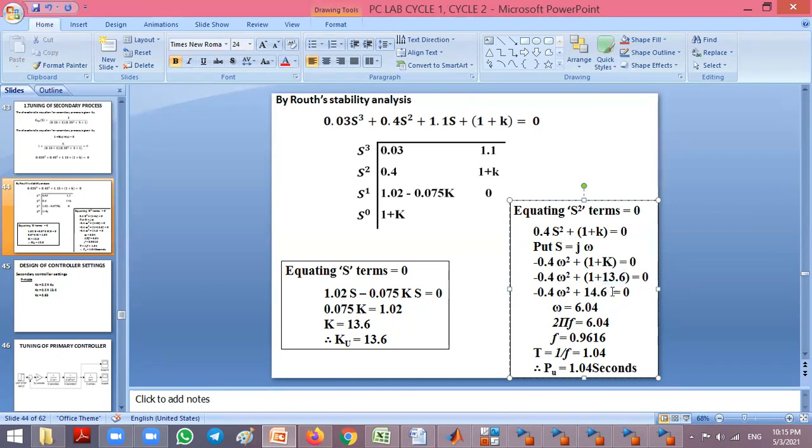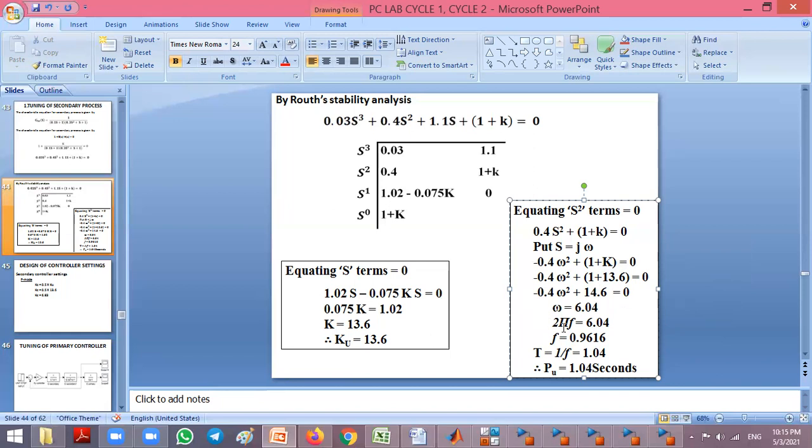So 1 plus 13.6 will become 14.6. You simplify, you will get omega squared equal to 14.6 divided by 0.4, because the minus signs on both sides get cancelled. Then you take the square root, you will get omega is equal to 6.04.